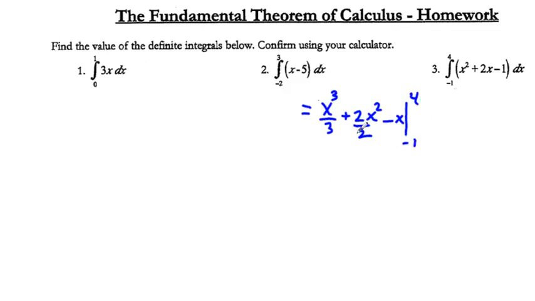So what that's going to do is we have a cancellation of 2 over 2, and then we're going to bring down this x cubed over 3. Well, x is 4, so we're going to get 4 cubed over 3 plus x squared, which is 4 squared, minus 4.